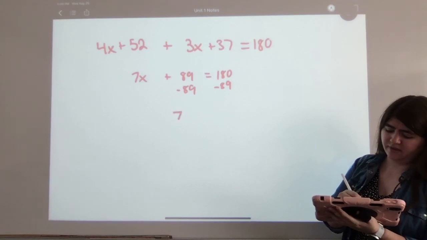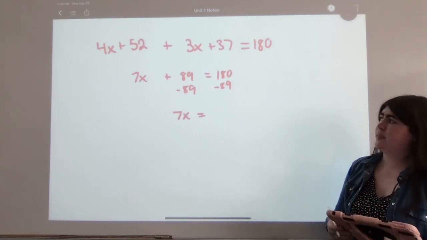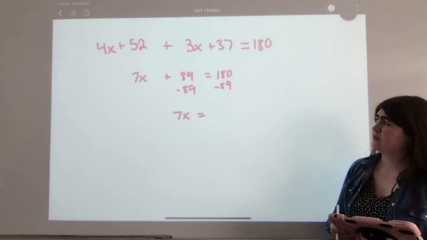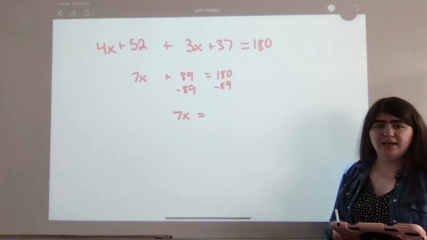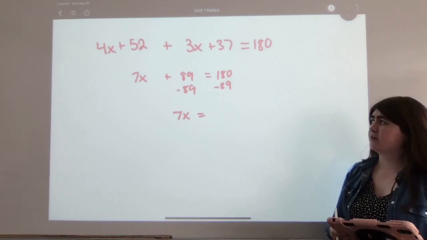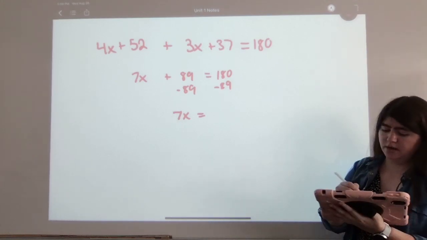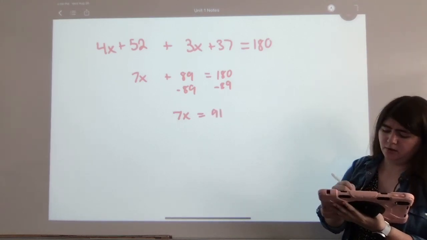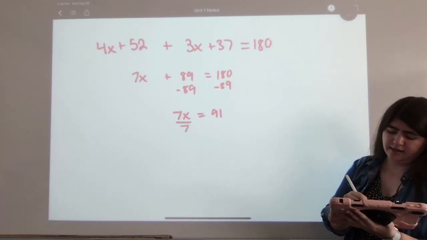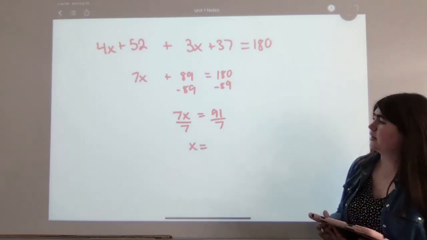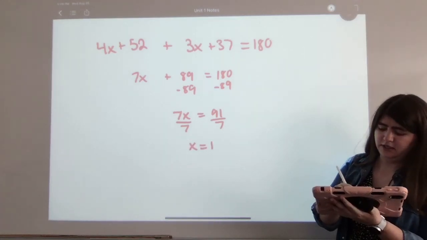That leaves me with 7x on the left. 89 subtracted from 180, well, 180 minus 80 is 100, 100 minus 9 is equal to 91, so this is equal to 91. If I divide both sides by 7, that leaves me with x by itself on the left. 91 divided by 7 is 13.